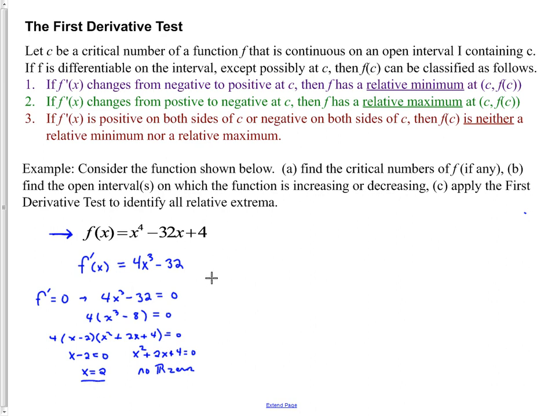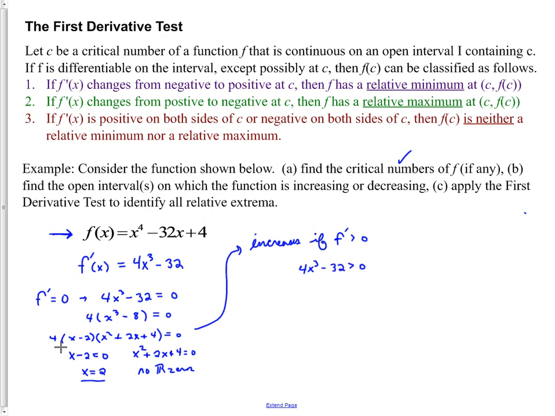Now the next job is to figure out where the function is increasing or decreasing, and we do that by solving an inequality. A function f is increasing if the derivative is greater than 0. So we want to find where 4x cubed minus 32 is greater than 0.